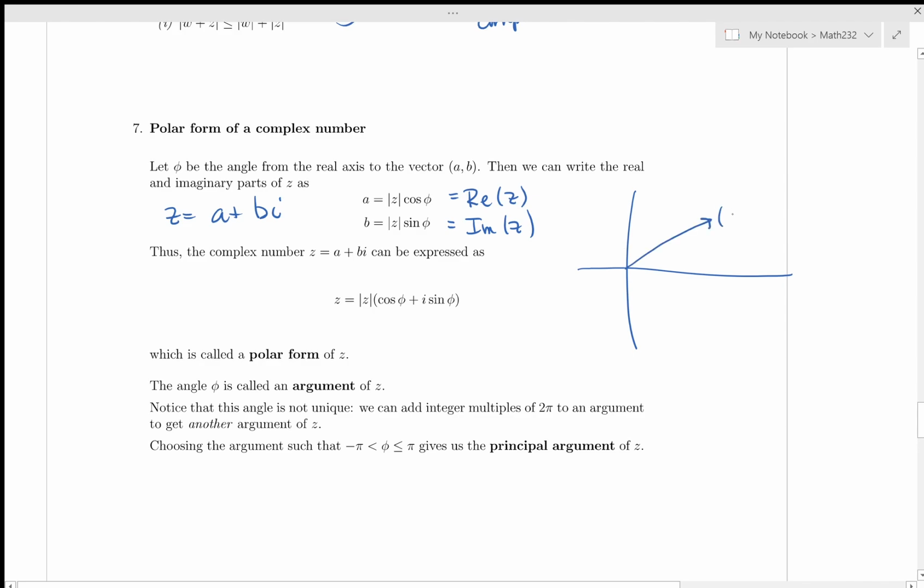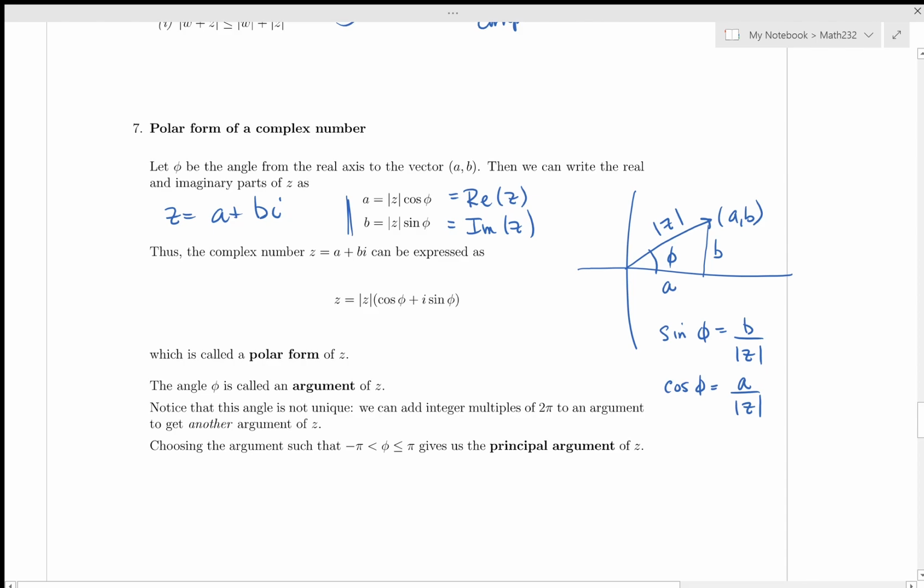There's the vector going to the number, and I've defined this angle to be phi, this height here is b, this distance here is a, and on the hypotenuse is the modulus of z. So you can see that sine phi is opposite over hypotenuse, and cosine phi is adjacent over hypotenuse. Then you just multiply both sides, and you have these two statements right here.